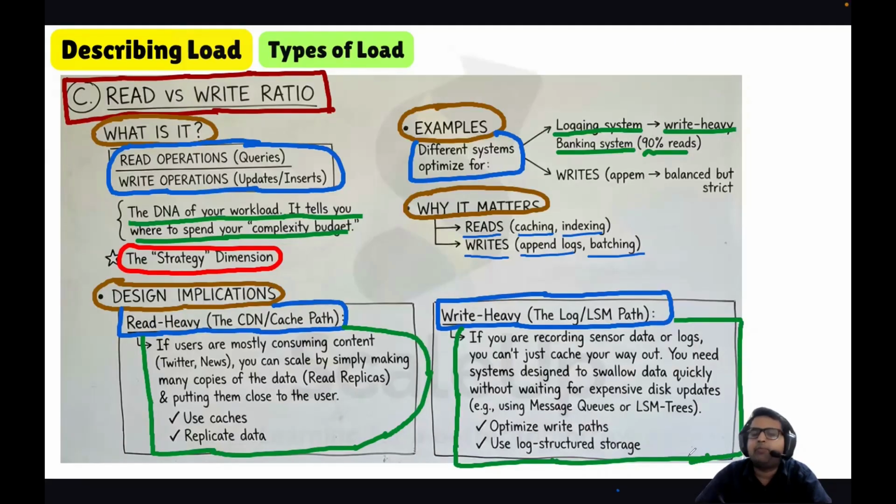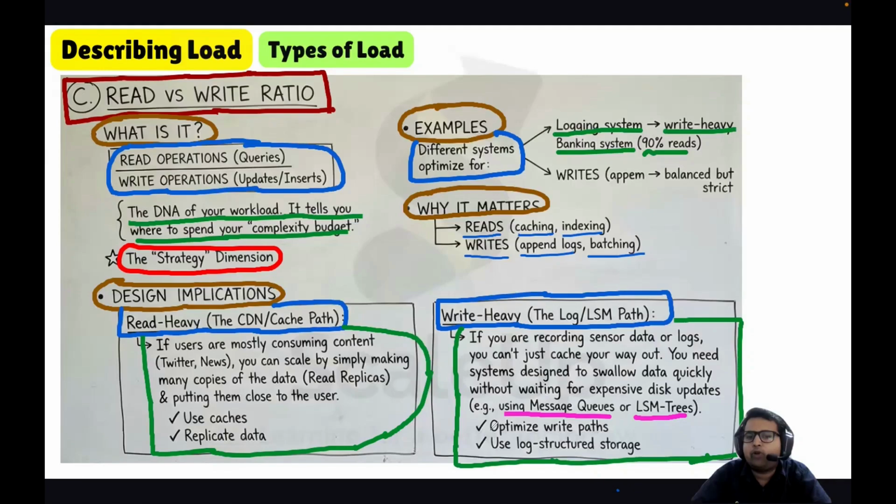So we will need some temporary data structure which can swallow the incoming real-time data, and later we can write it to the disk, because disk updates are expensive, they take time. For that, we can make use of message queues. Whatever data we are getting, we keep pushing it on the message queue, and from there we write it to the disk. So we can make use of message queues, or we can make use of LSM trees.